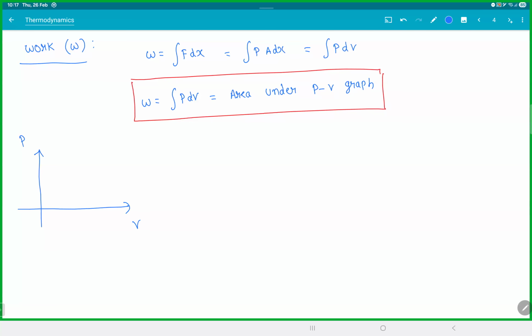If you have a PV graph, and this was the process going from A to B, the work done under the graph is the area under the curve. Now see, when you're going from A to B, is the volume increasing or decreasing? Volume is increasing, so dV is positive. So the arrow will tell you whether the work is positive or negative. Normally it used to be area above the x-axis and area below the x-axis. That doesn't work here. So area under the PV graph is work. So again, the sign convention here.